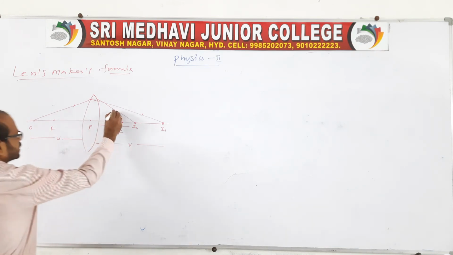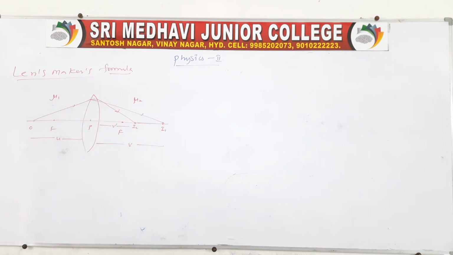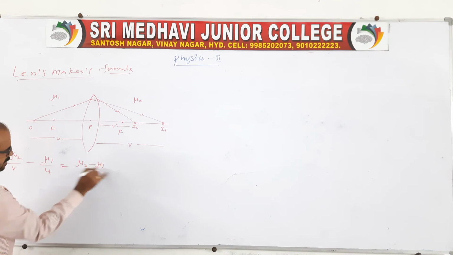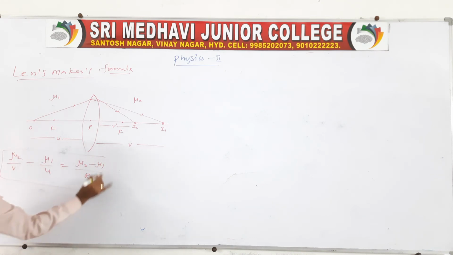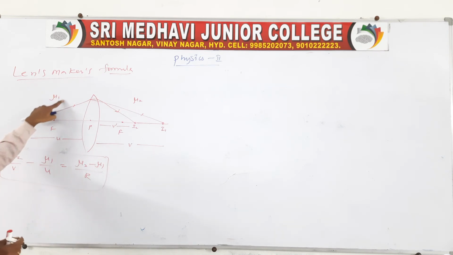I think everyone is clear. Now the rays are going from one refractive index to another. Before, I told you very clearly that for spherical refracting surfaces the formula is mu2 by image distance minus mu1 by object distance equals mu2 minus mu1 by r, which we already discussed and proved. Now we have to use this relation: mu2 by V minus mu1 by U is equal to mu2 minus mu1 by R. There are two refractive indices, the rays propagate from one medium to another.